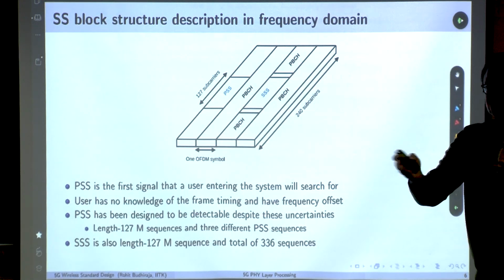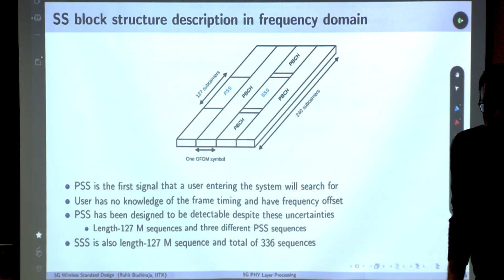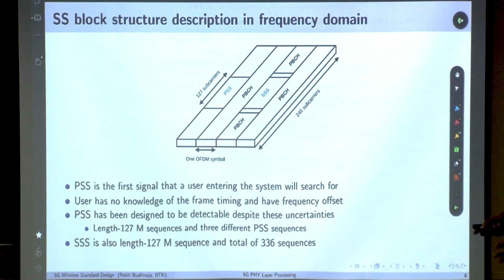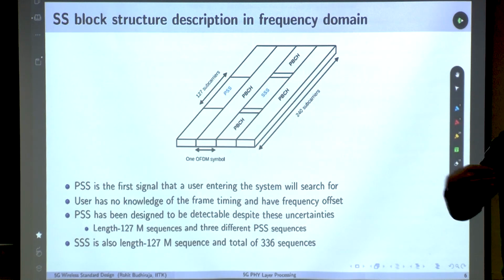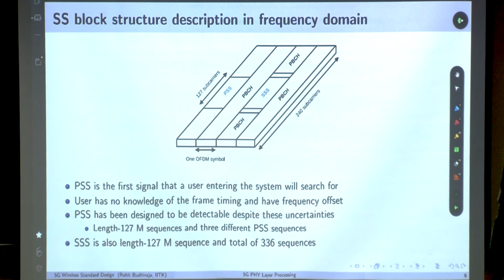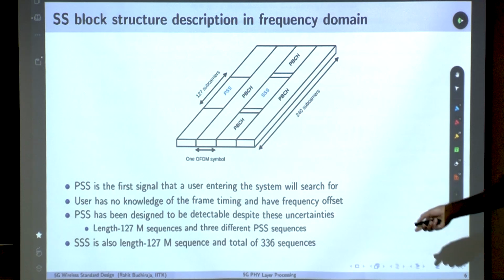These sequences are used across different sectors in different cells, primarily so that they don't interfere with each other. If they start interfering, the user doesn't even know which base station it has to get synchronized to. That's why there are so many of them defined.